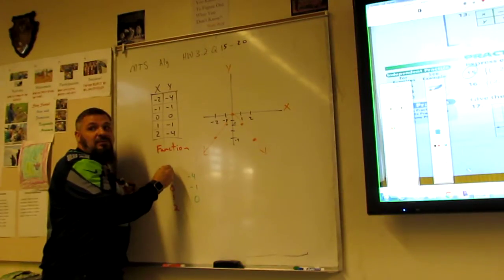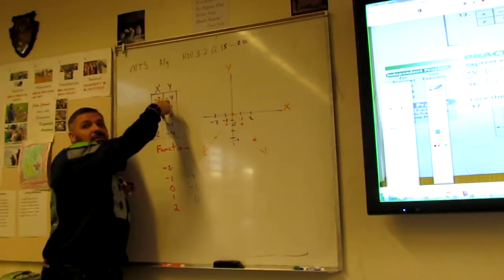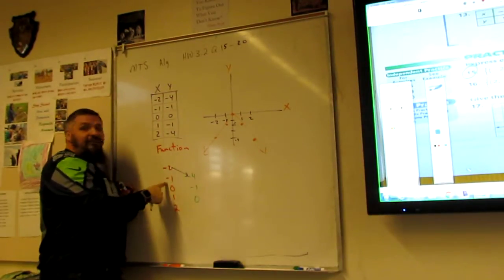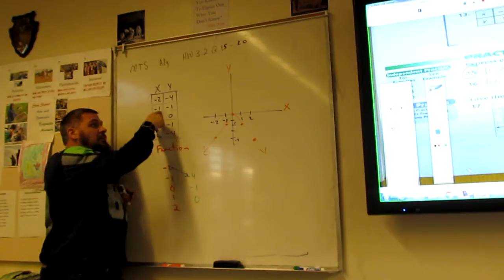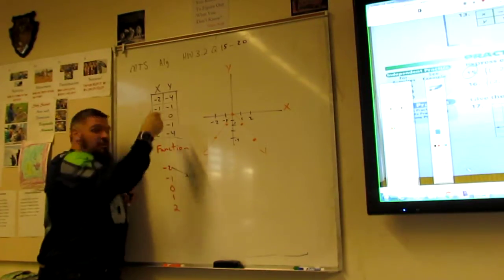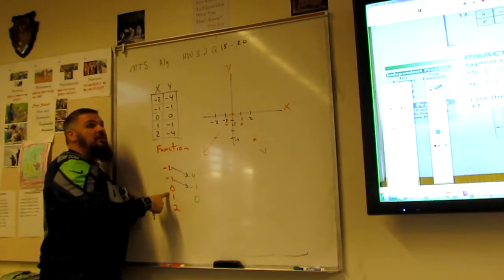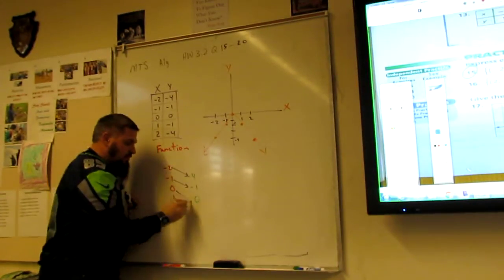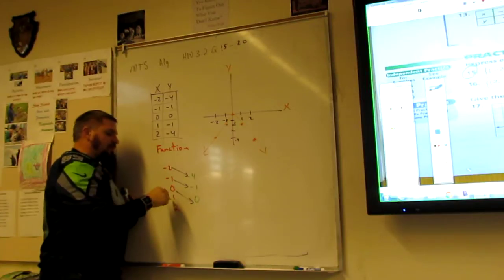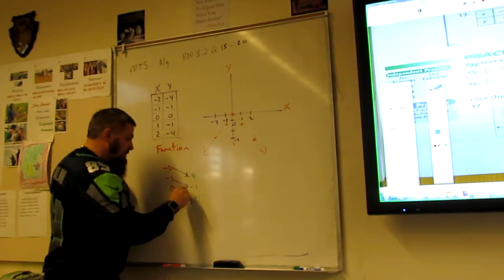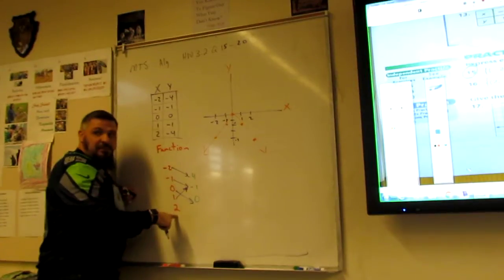To negative 4. Where does the negative 1 go to? To negative 1. Where does the 0 go to? To 0. Where does the 1 go to? To negative 1. And where does the 2 go to? Negative 4.